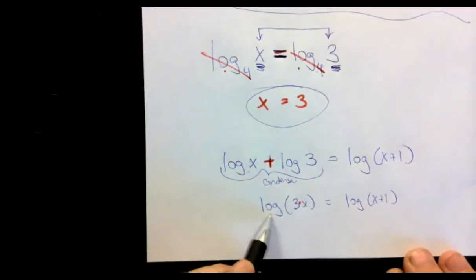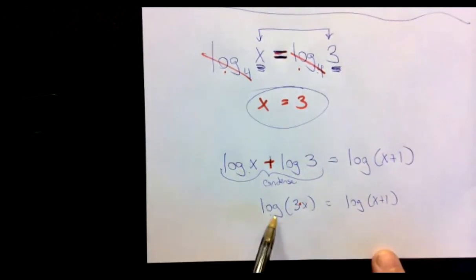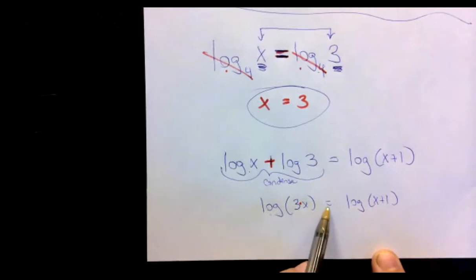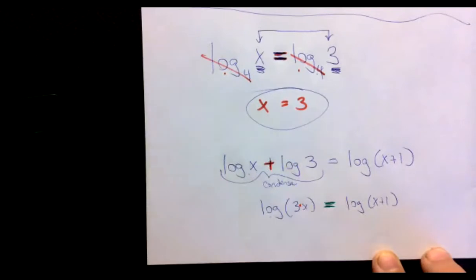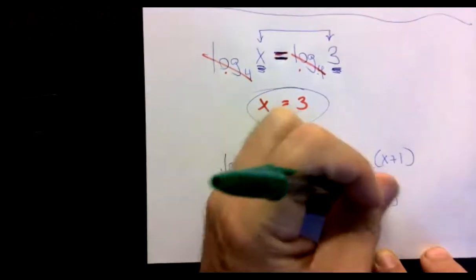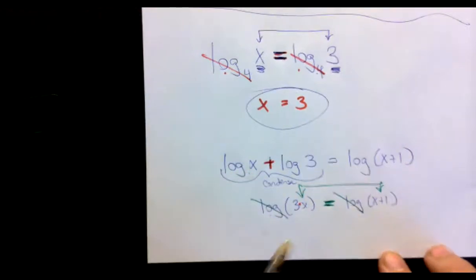Now, also, once you have your logs, again, the log of some number equals the log of some number. These can only be equal if these two numbers are equal. So that's how we set this up.